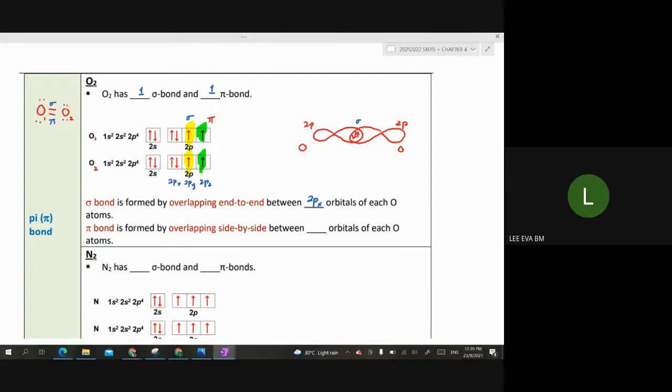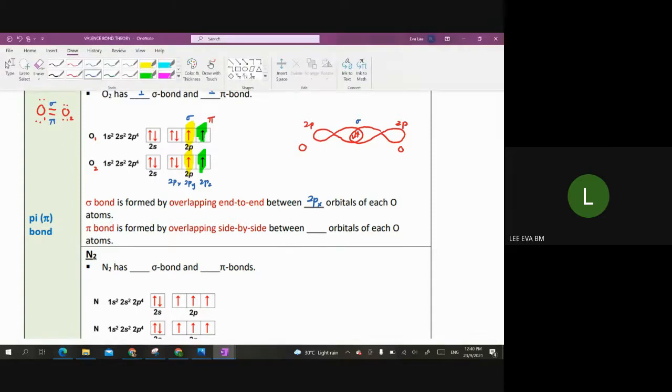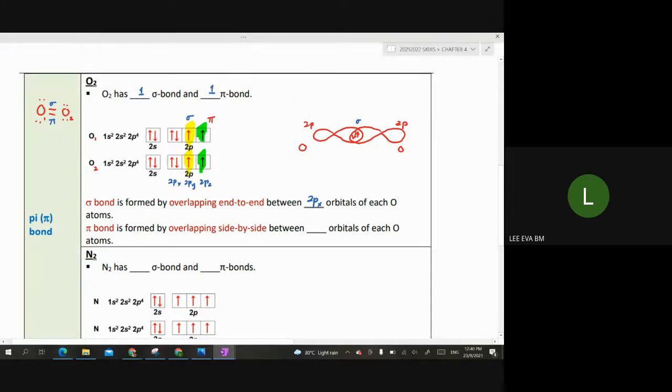So kita nak tunjukkan end to end, kita pakai salah satu p orbital. Okay, so now I change another color to show my side-by-side overlapping of another p orbital. Okay, so dekat center yang sama untuk oksigen yang pertama, kita ada lagi satu p. Let me remind you again, in the p subshell we have three orbitals, represented by -1, 0, +1, along the z-axis, y-axis, or x-axis.